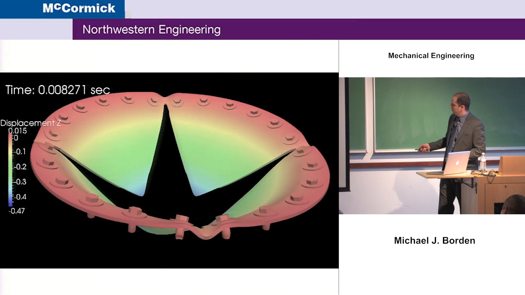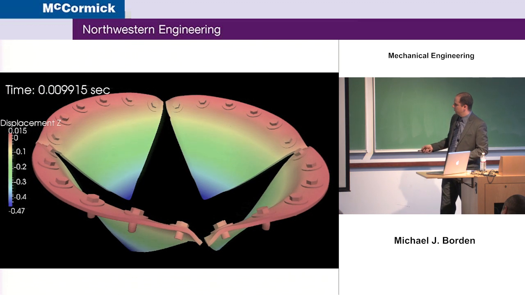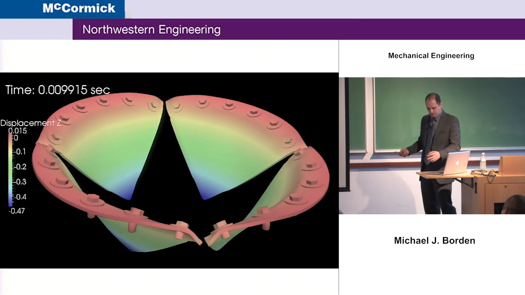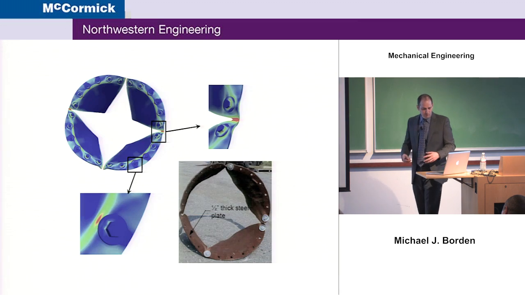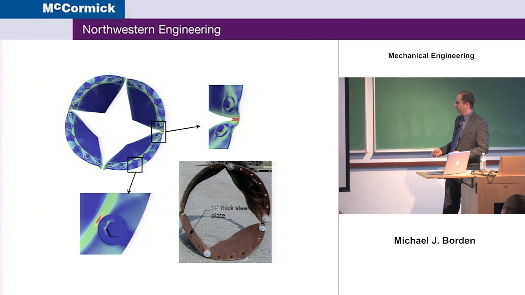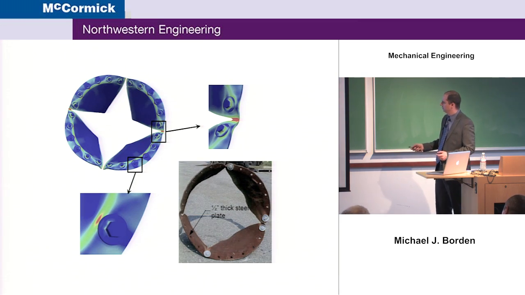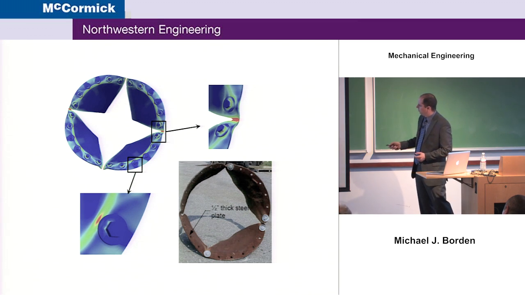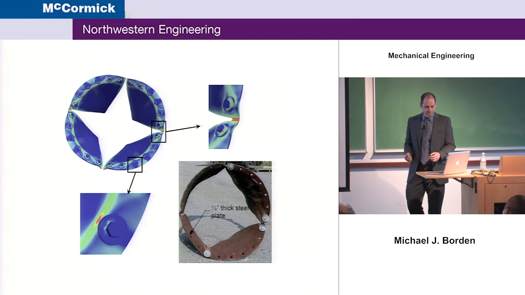We get ductile deformation. You see that the bolt's broken, and then we get this behavior, and qualitatively at least, we get some very good results. Here on the corners we get some kind of buckling. You can see it back there. A similar thing happens here in experiments.